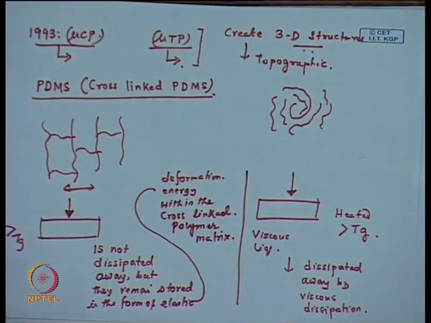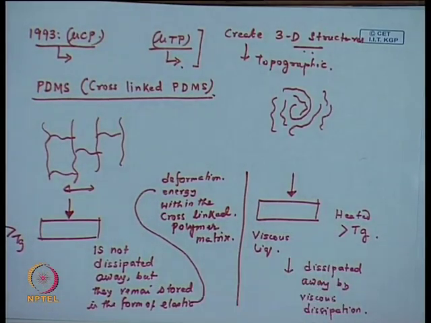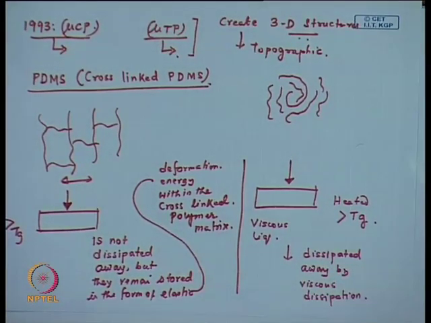So, what it means is that the energy you have applied to cause the deformation, here it is completely dissipated. So, you have embossed it, it has taken the embossed structure, there is no energy. That energy is dissipated, this energy is lost to the surroundings.